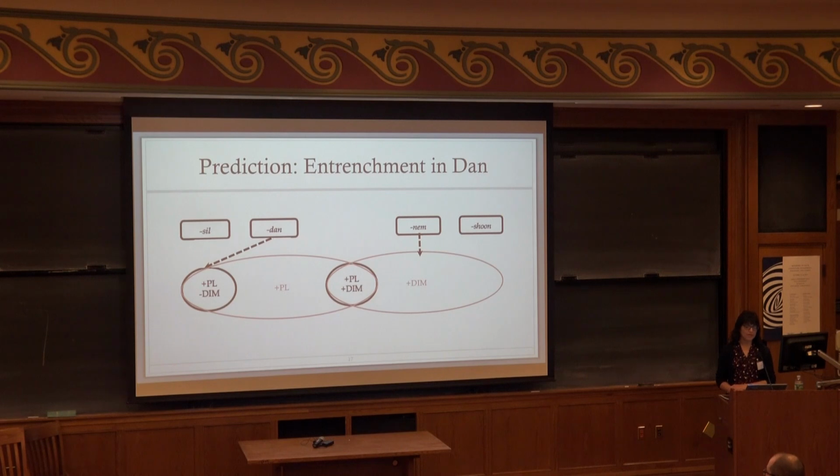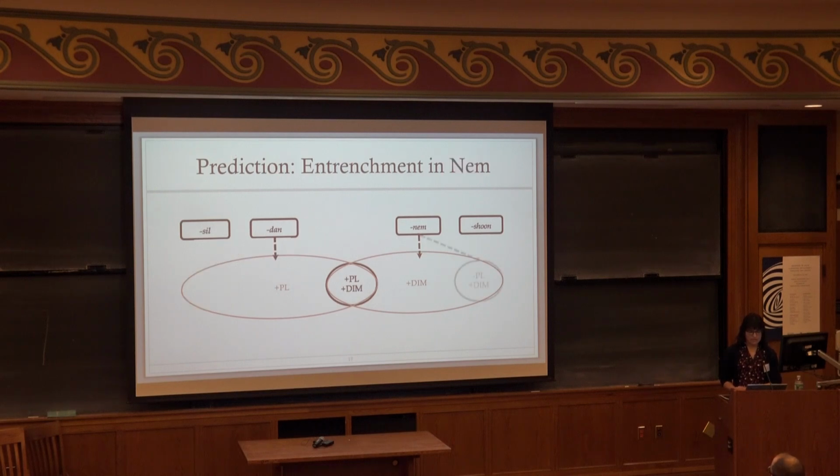And so they move from just thinking that dawn means plural to meaning that it means plural non-diminutive. And the same thing happens with nem. They start off thinking that it is diminutive, and they move more and more towards thinking that it is a non-plural diminutive. So the meanings become more specific.